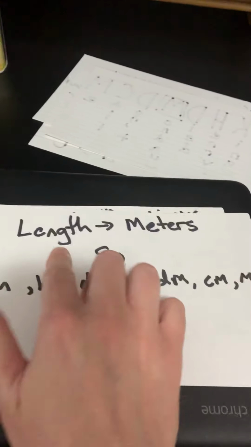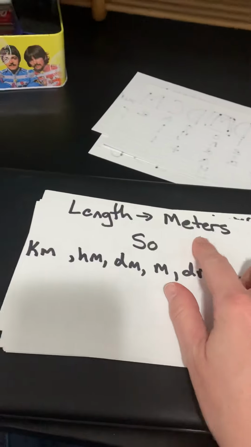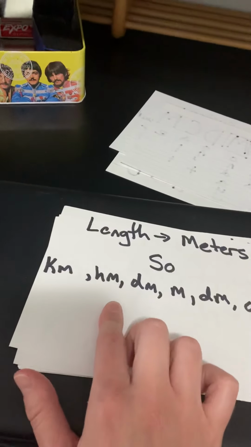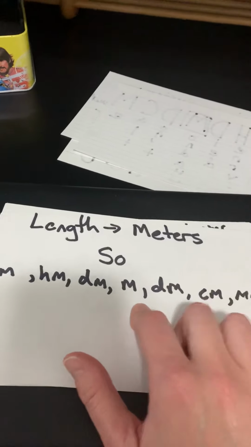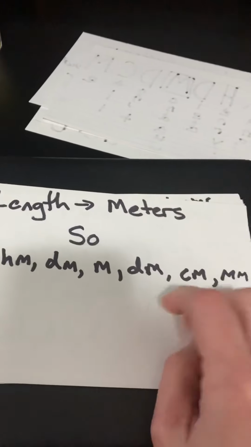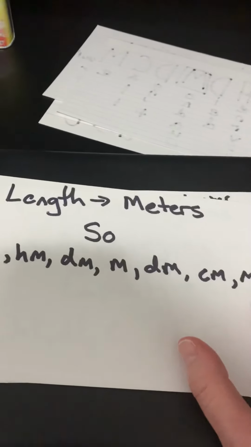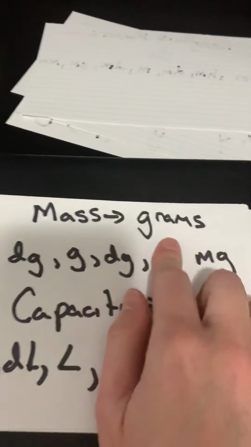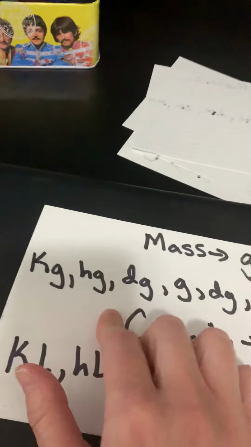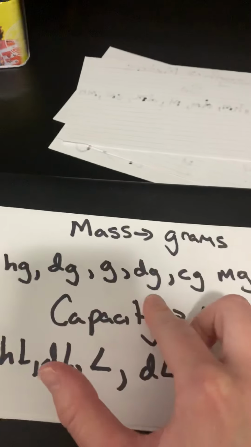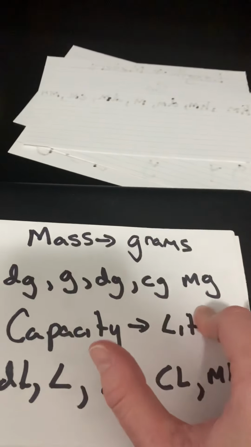So for example, we have length, which is measured in meters. So it's kilometers, hectometers, decameters, meters, decimeters, centimeters, and millimeters. When we do mass, it's in grams: kilograms, hectograms, decagrams, grams, decigrams, centigrams, and milligrams.